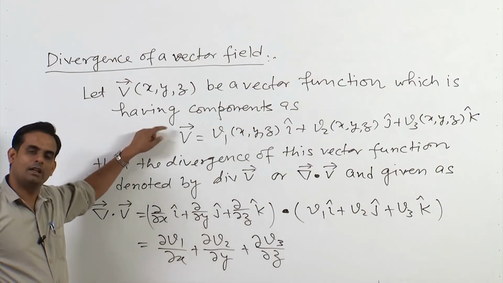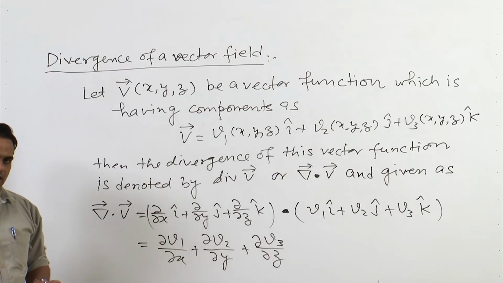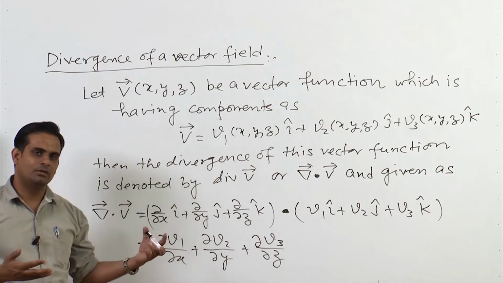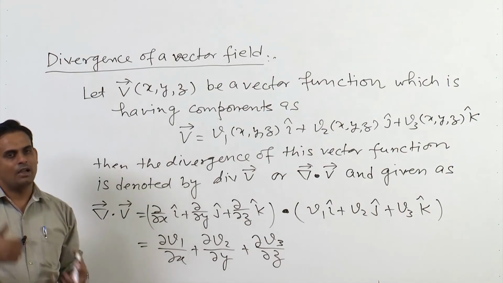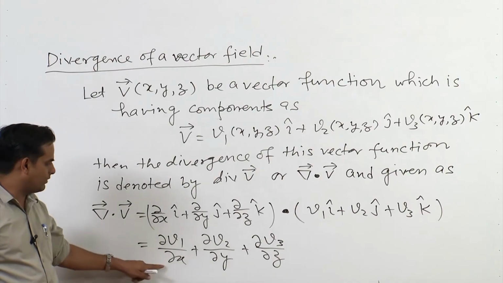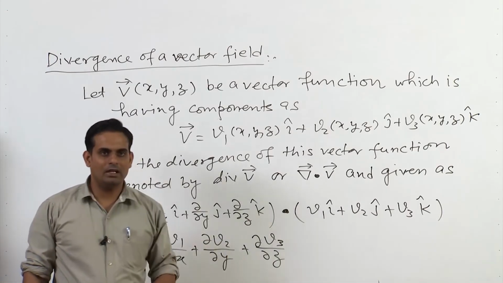Basically, we can say the divergence of a vector function is the sum of the partial derivatives of its components with respect to x, y and z respectively, means del V1 over del x plus del V2 over del y plus del V3 over del z.